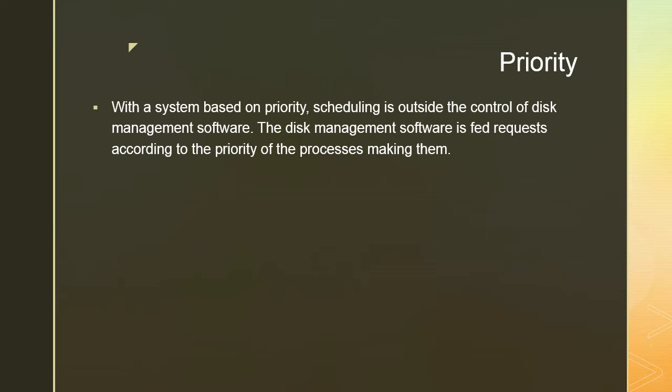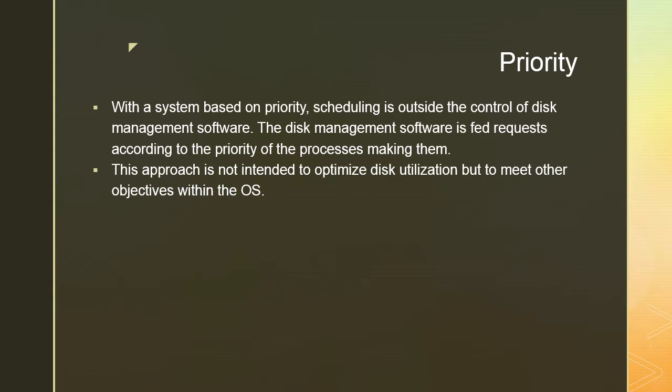The requests of higher priority processes are sent to the disk before the requests of lower priority processes. This approach is not intended to optimize disk utilization, but to meet other objectives within the operating system.